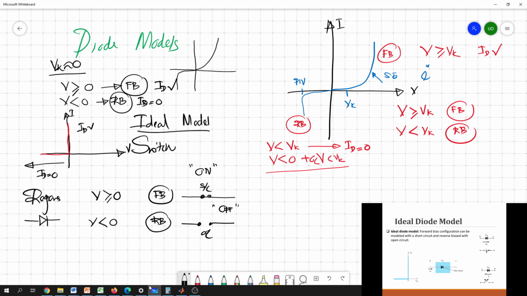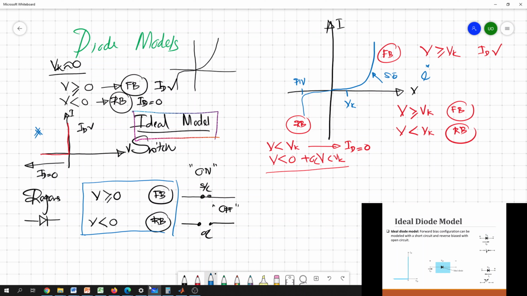So the first model is the ideal model. This is the VI characteristic of the ideal model. Then we can identify the regions based on this.